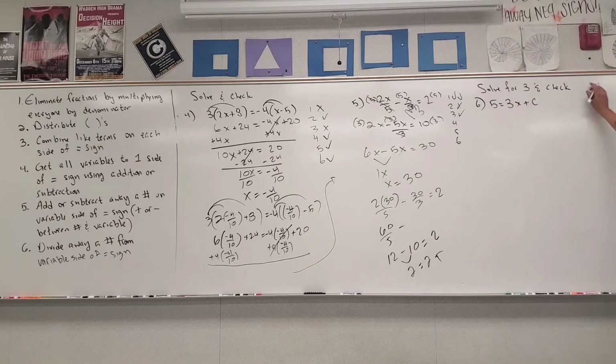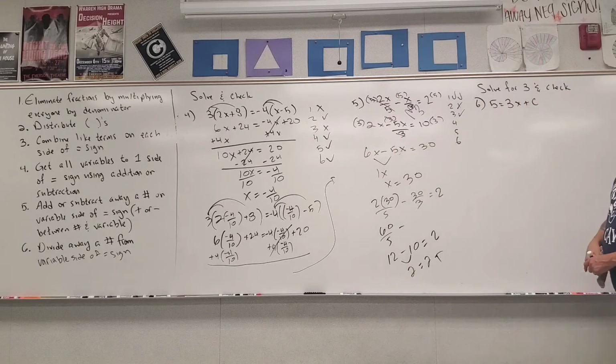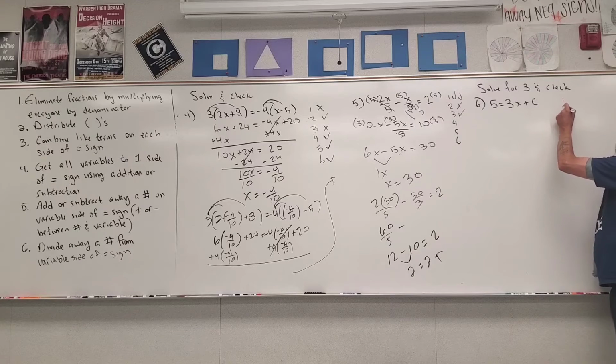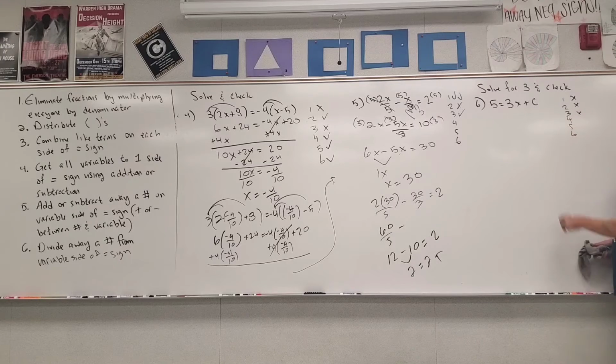Problem 6, it's a curveball. Solve for x. I want this by itself. I'm going to use those steps. Okay, and again, 1, 2, 3, 4, 5, 6. Can I eliminate fraction? No. Can I distribute? No. Can I combine like terms on each side? No, I can't. Are all my x's on one side? Yes, they are.